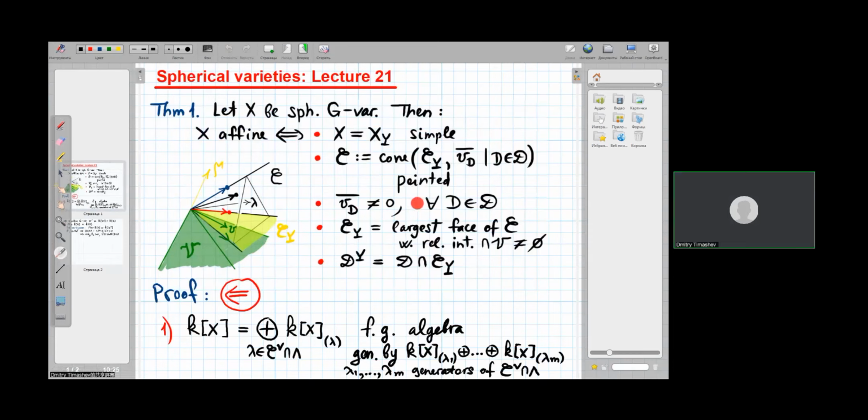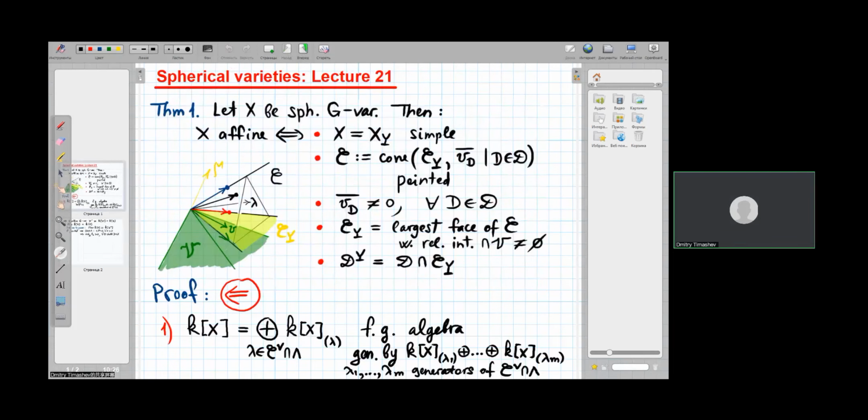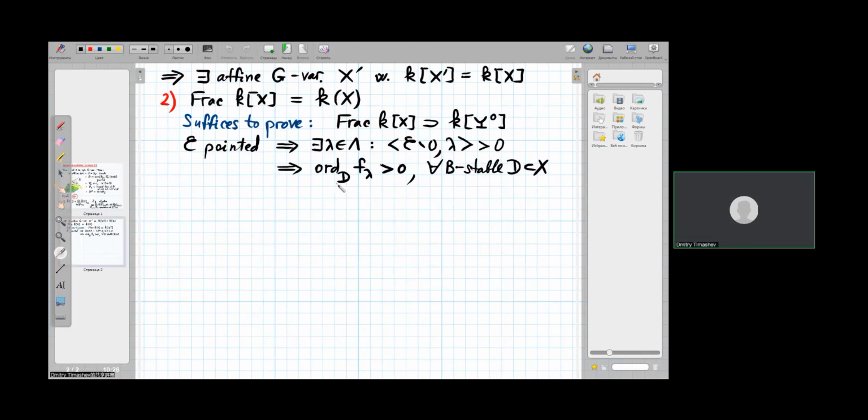This condition is for colors, and for G-stable divisors, we already know that the respective vectors are non-zero from the general theory. So all these vectors are non-zero, they are the generators of the cone C. And since lambda takes strictly positive values on all vectors in C except the 0 vector, it takes strictly positive values on all these Vd bars. So we get this condition.